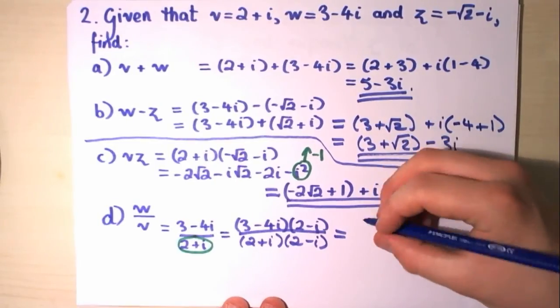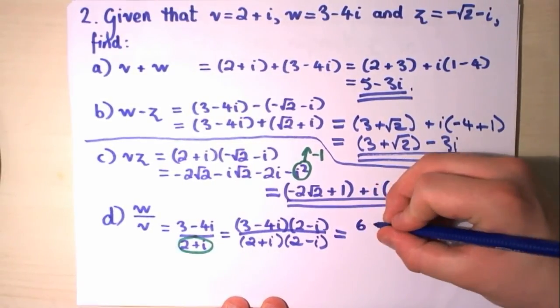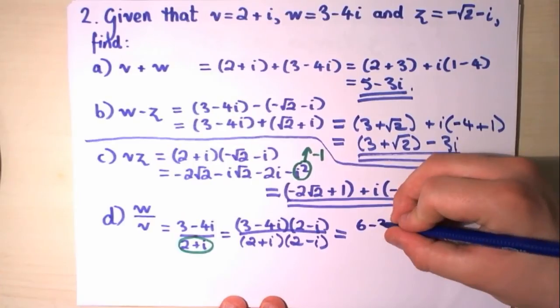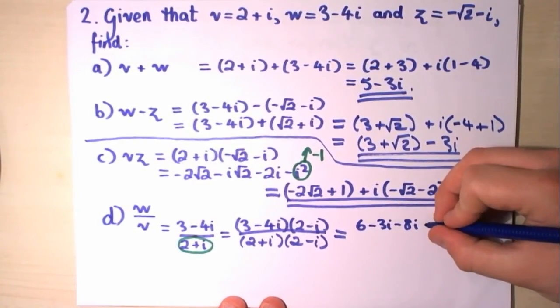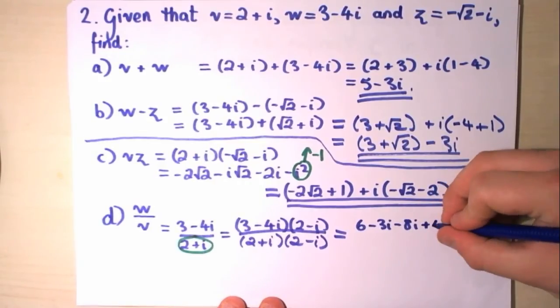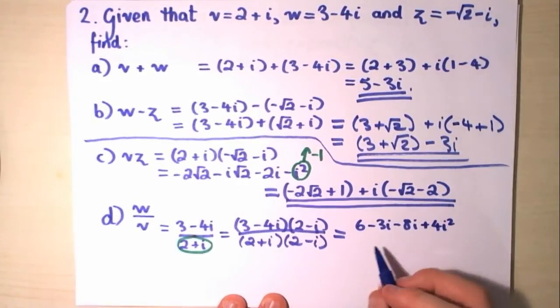We just expand the top and bottom as usual. We get 6 minus 3i minus 8i plus 4i squared.